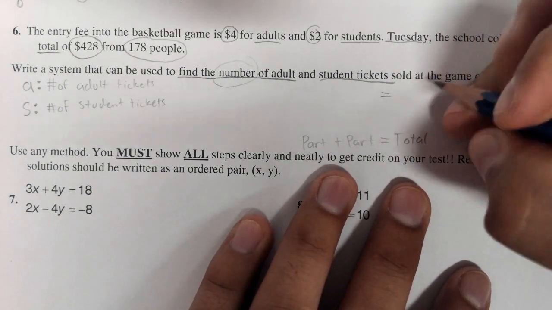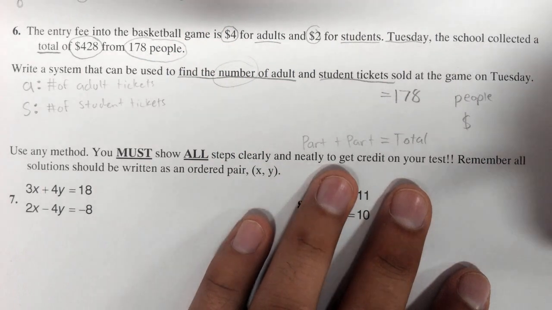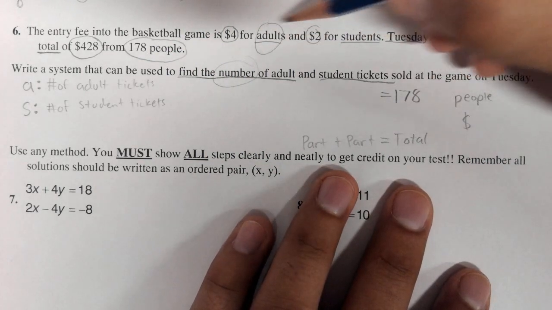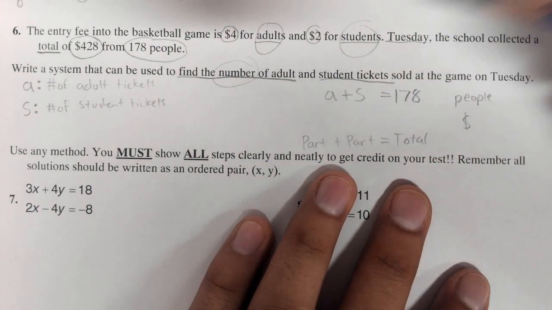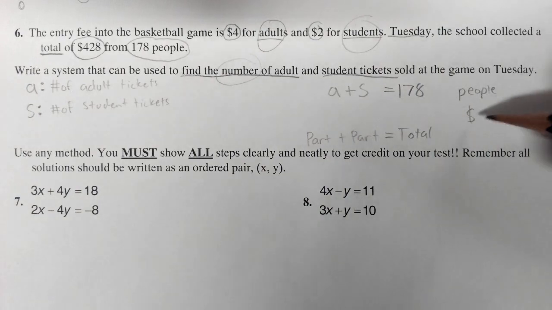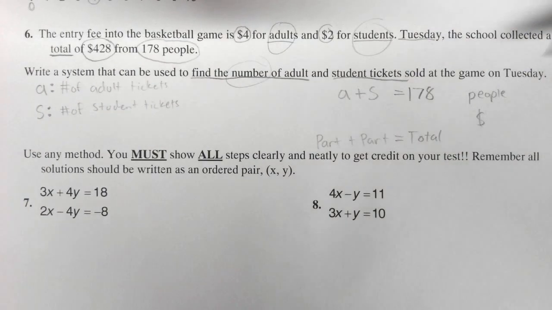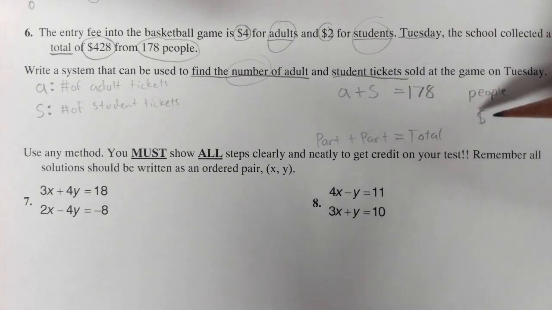Obviously, the total amount of people that showed up was 178. And then the 2 types of people that showed up were adults and students. So the first equation is just simply A plus S equals 178. All right, with the money, all we do is just pretty much tack on the money that each type of person pays, whether you're an adult or a student, how much money you actually pay. And again, we have a different total.